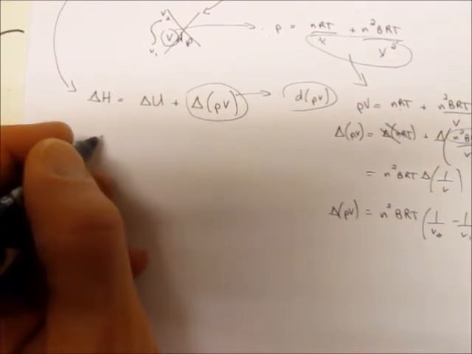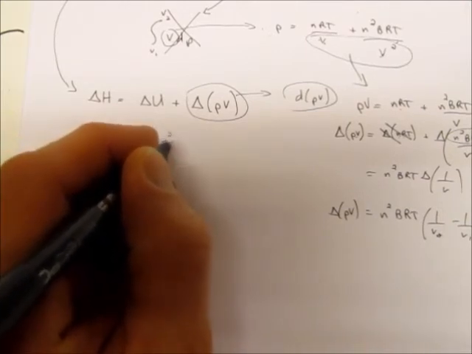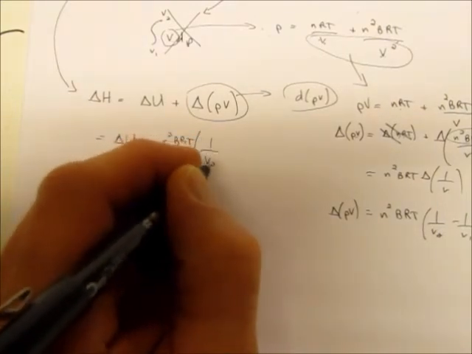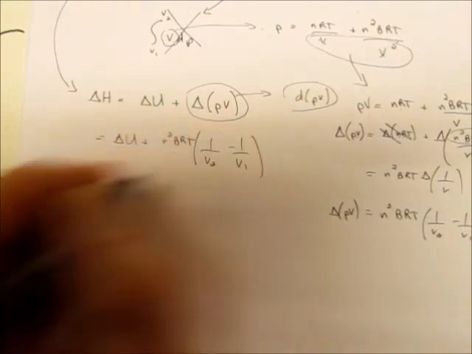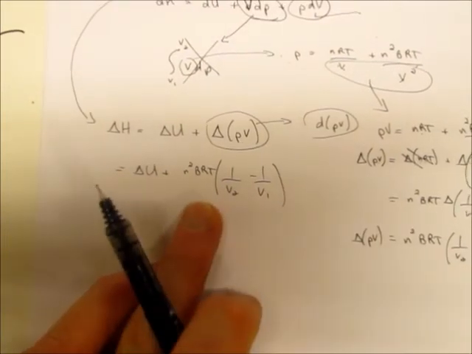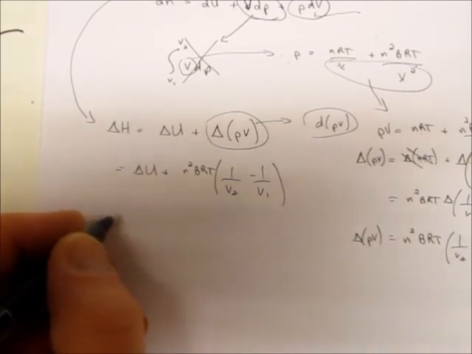So I think I've just built this. You would get n squared bRT times 1 over V2 minus 1 over V1. That should do it. And the number you're going to get, I don't want to give it away.